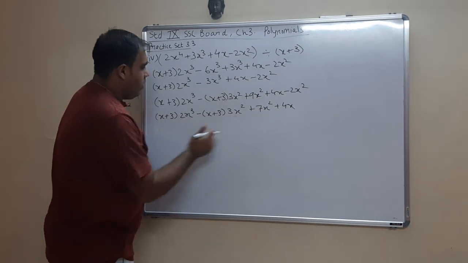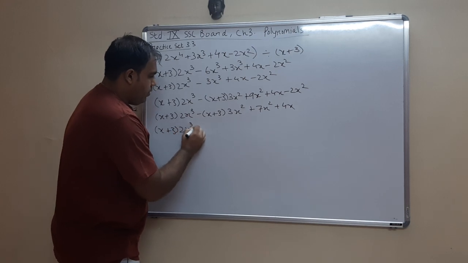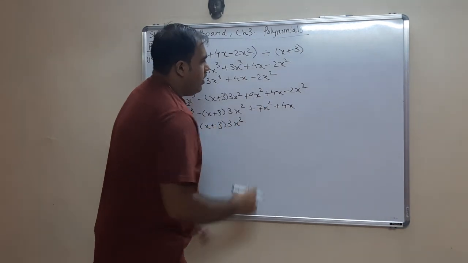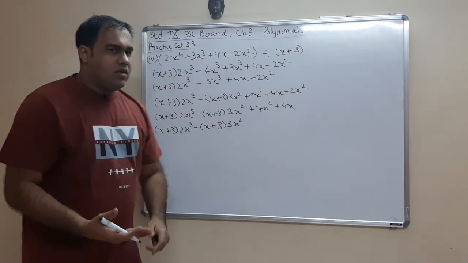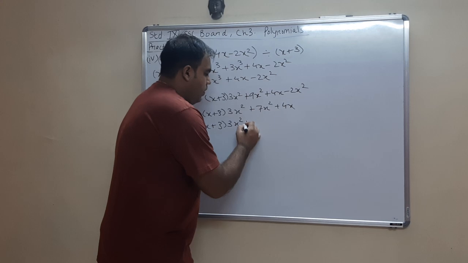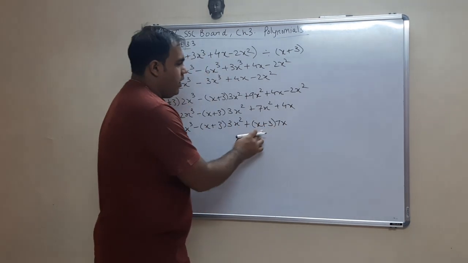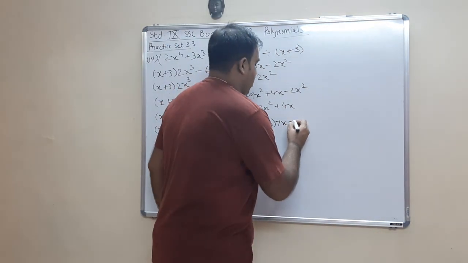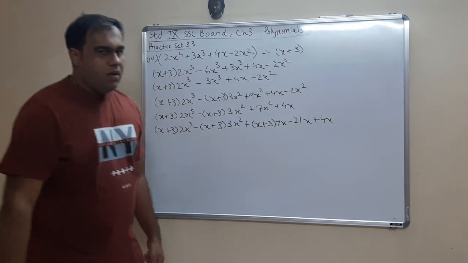Okay, now 7x² we have to convert in the next step. सेवन एक्स स्क्वायर में से x plus 3 कैसे आएगा? सो x plus 3 इंटू 7x करेंगे तो आ सकता है. सो प्लस x plus 3 इंटू 7x. सो 7x² प्लस 21x. सो माइनस 21x करना पड़ेगा प्लस 4x. सो इसको भी कर देंगे.